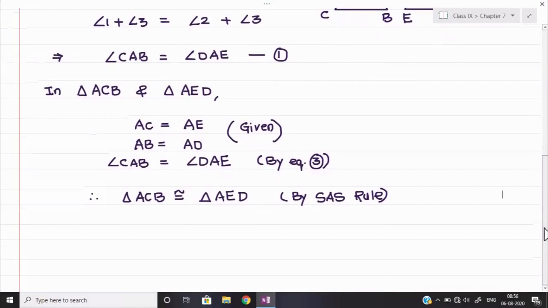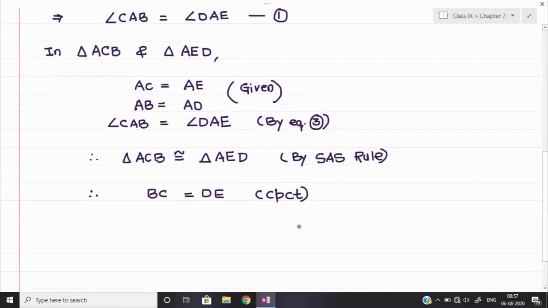So we can say that therefore BC is equal to DE. And the reason we shall give for BC and DE equal will be CPCT, corresponding parts of congruent triangles. Okay, and this is whatever we required, we have proved it.